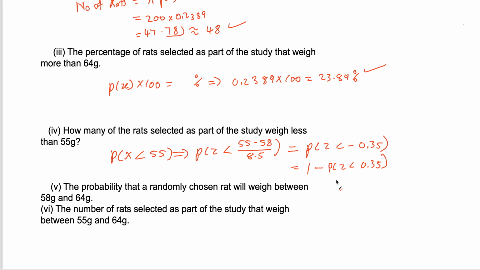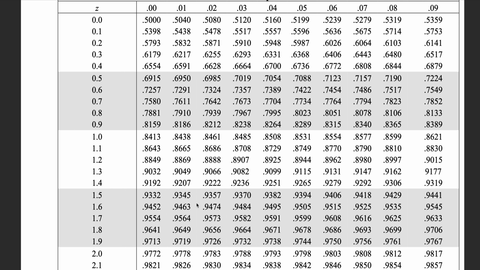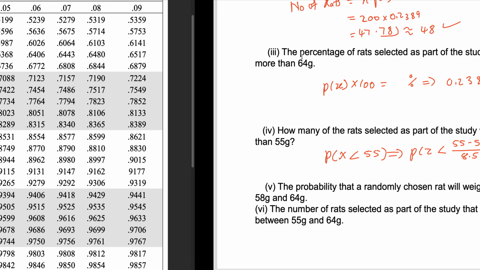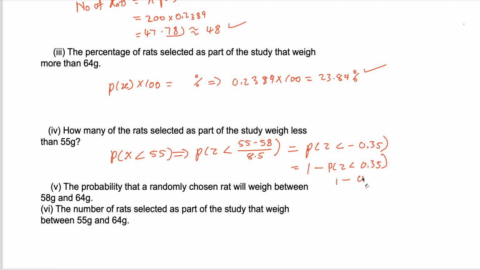We go to the table and look for the value we're looking for, which is 0.35. That value is 0.6368. Now for our final step, we subtract it: 1 minus 0.6368 is 0.3632.